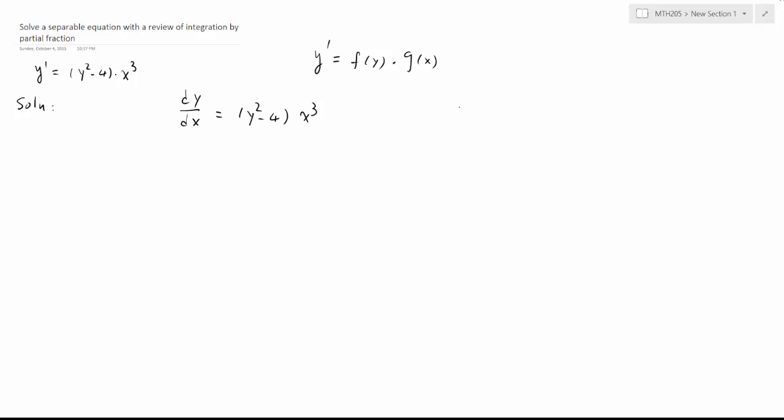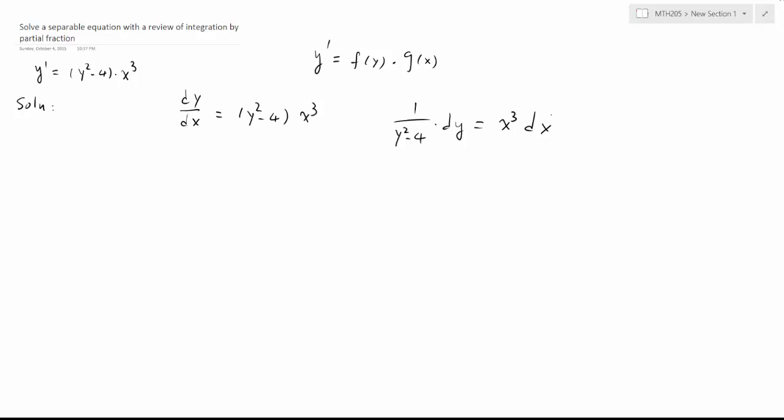So we multiply both sides by dx and divide both sides by y squared minus 4. So this is what we have: 1 over (y squared minus 4) dy is equal to x cubed dx.